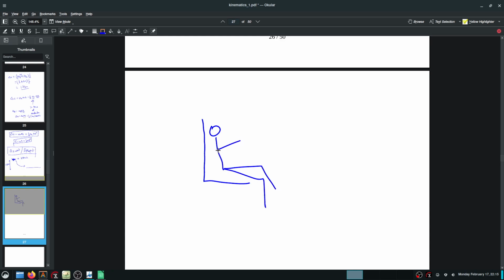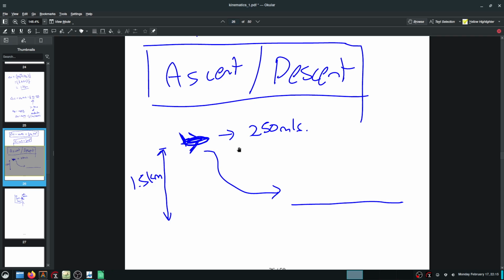You are here, your belt's there, maybe there's some tray in front of you with some food, and a soft drink. Now, what happens if you have too much acceleration? Not only will you feel uncomfortable. Let's say you are trying to land the plane.